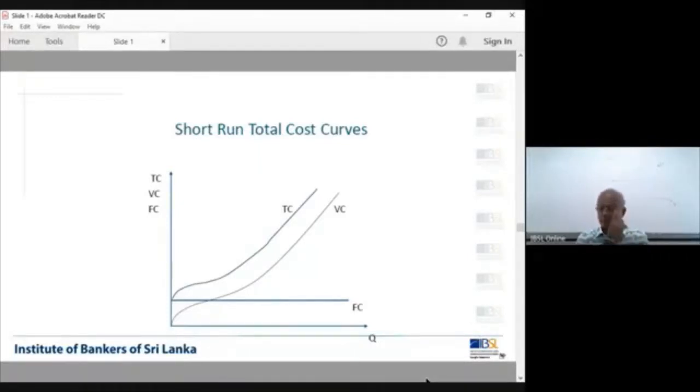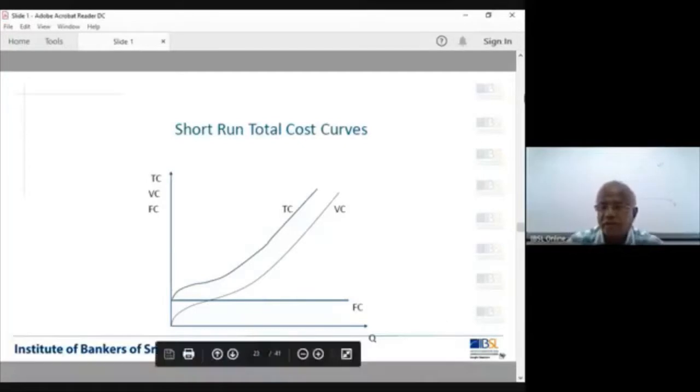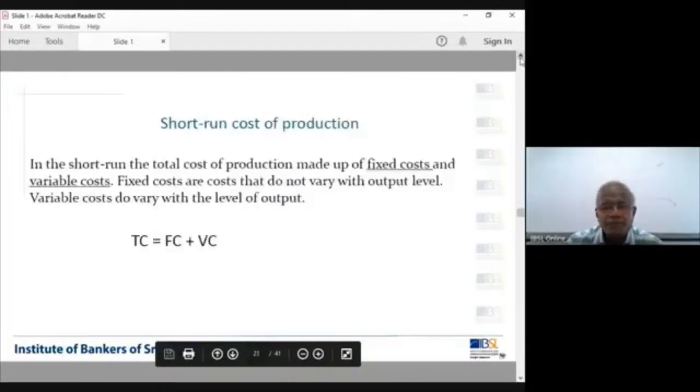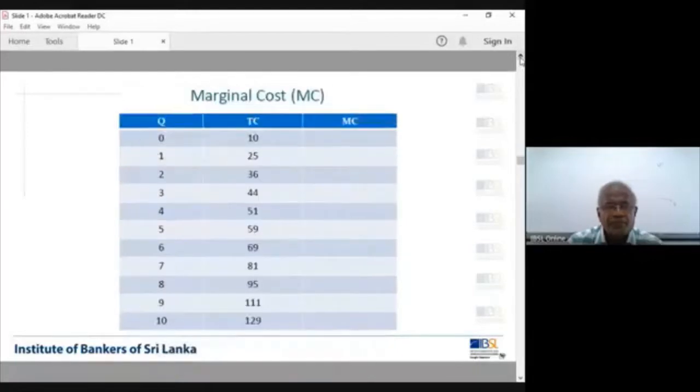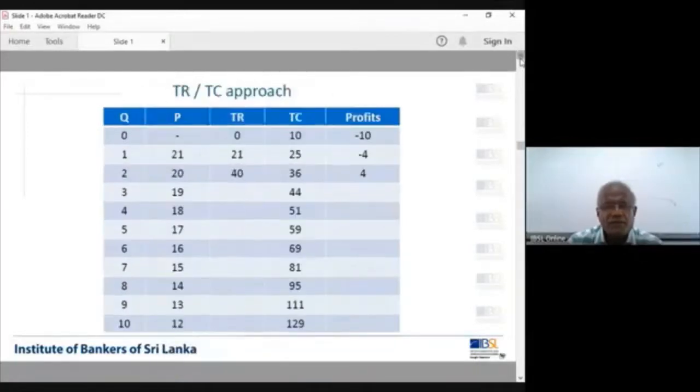For example, you can see this table, the initial table I gave you. When the firm doesn't produce any output, total cost is 10. Output 0, total cost 10. This is the fixed cost.